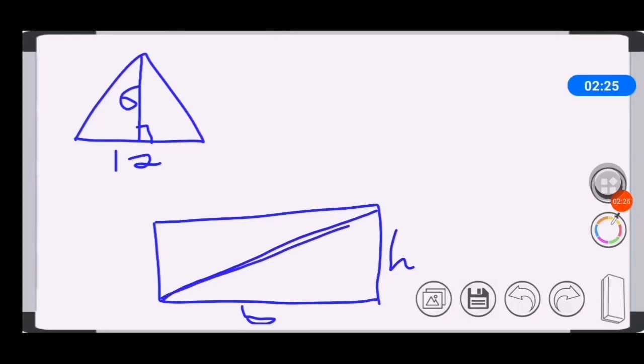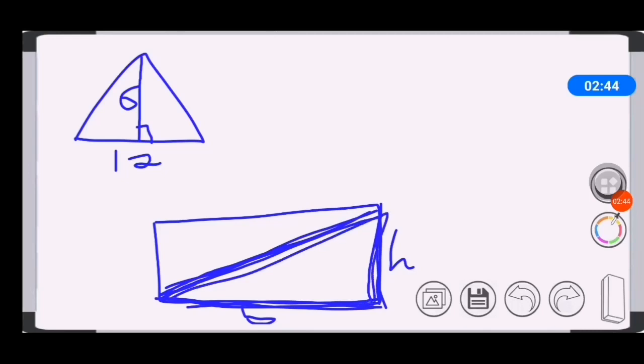Now in this triangle, the base is still here, and the height is there. But it is half of the rectangle. It is not the full rectangle. So instead of saying that the area of a triangle is base times height, we have to divide that by 2, because that is half of the area of a rectangle.